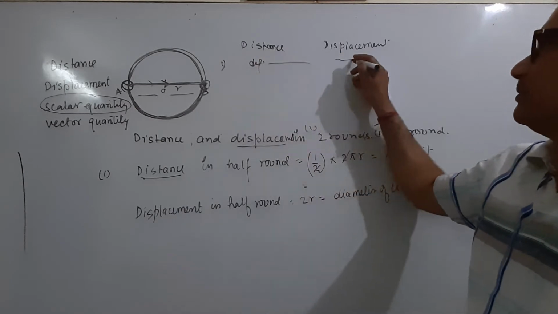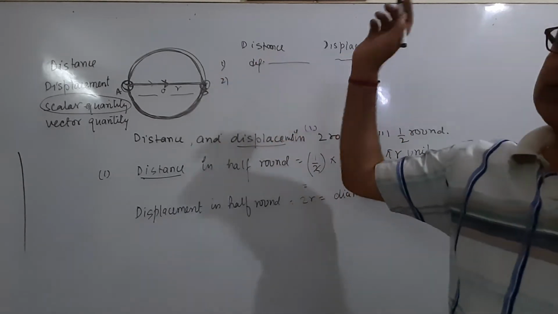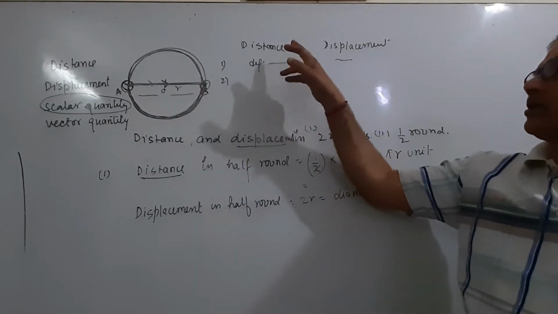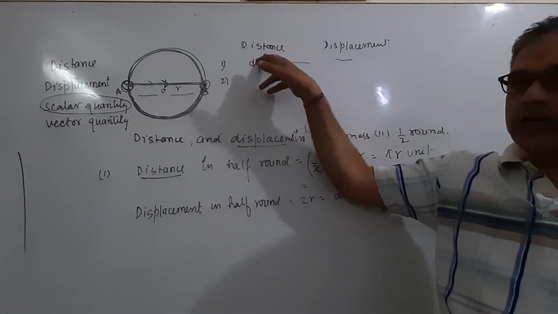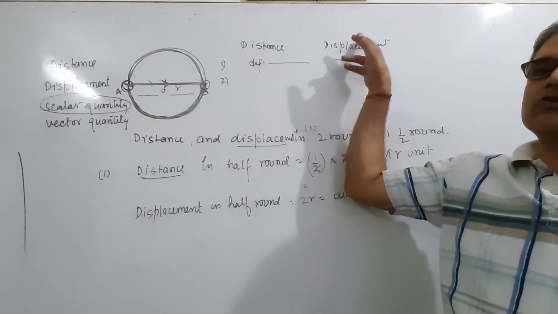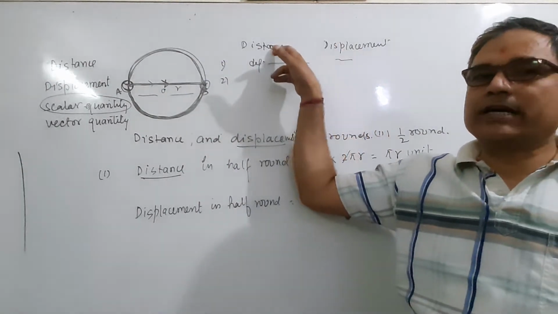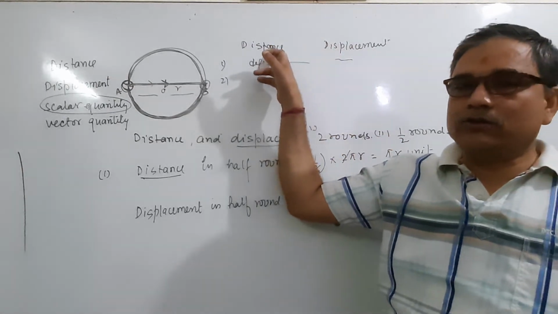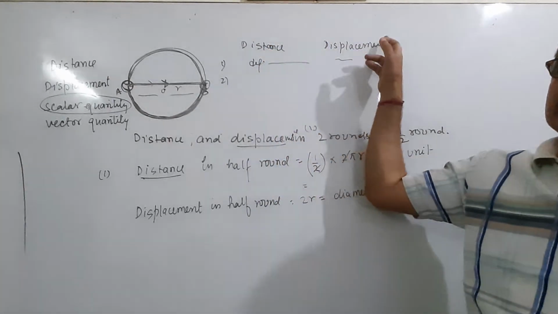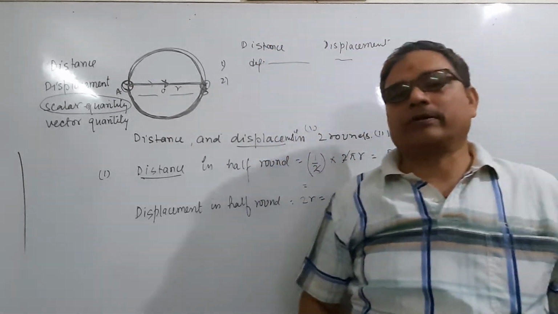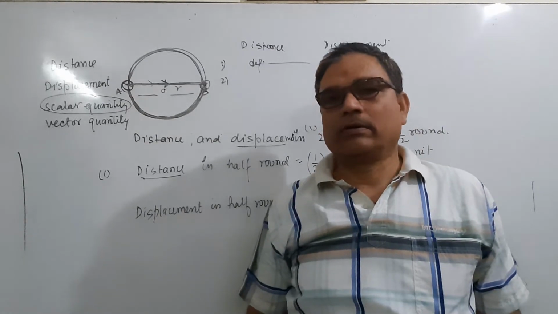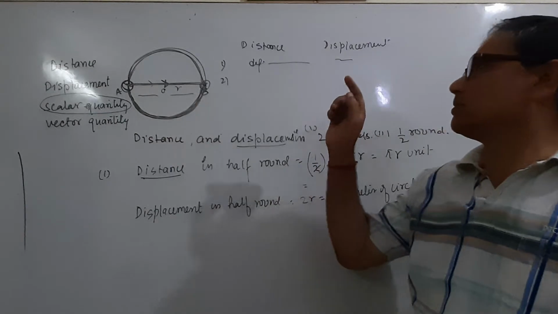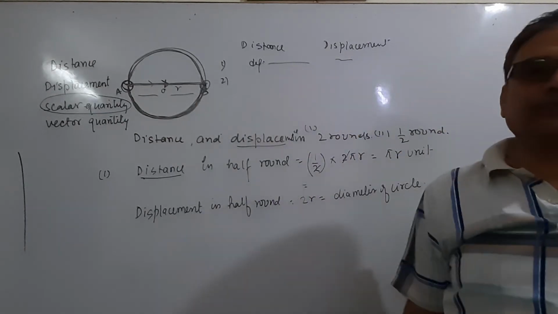First is definition. Second, both have the same unit. If its unit is meter, the other's unit is also meter; if centimeter, also centimeter; if kilometer, also kilometer. But the SI unit of distance is meter.